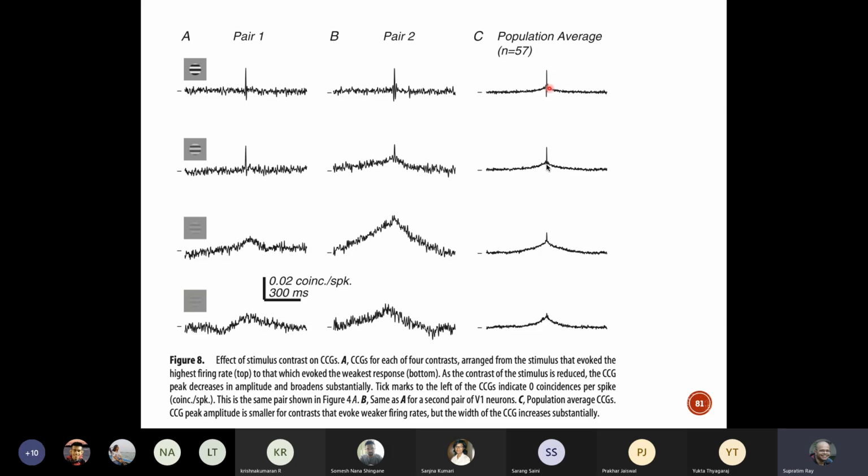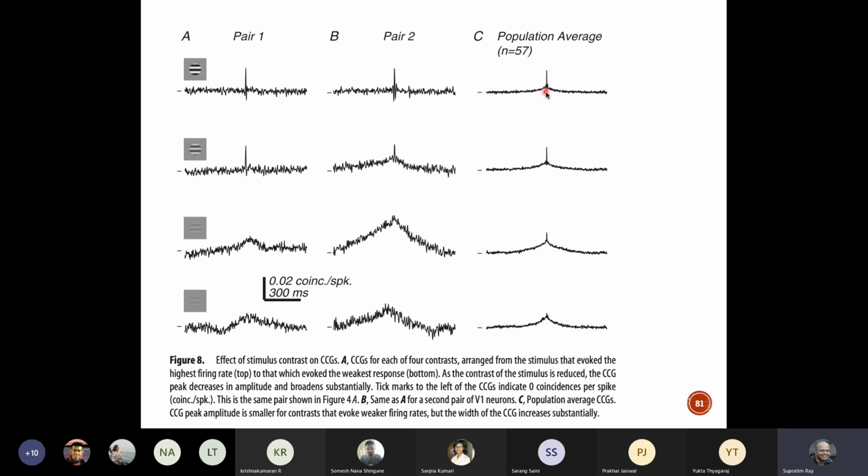So here, as I'm increasing the stimulus contrast, the synchrony is increasing. Synchrony is this peak at 0. That's the synchrony. So stimulus contrast increases synchrony, but the overall integral, the spike count correlation, actually decreases, because the area under this curve is much more than the area under this.